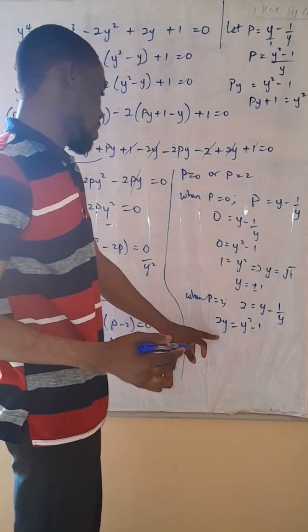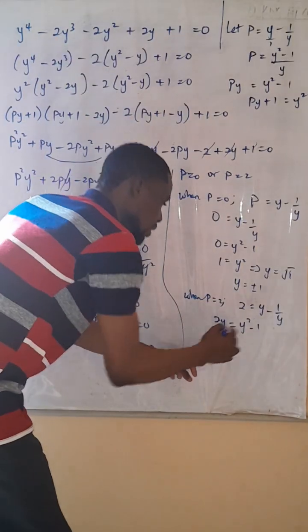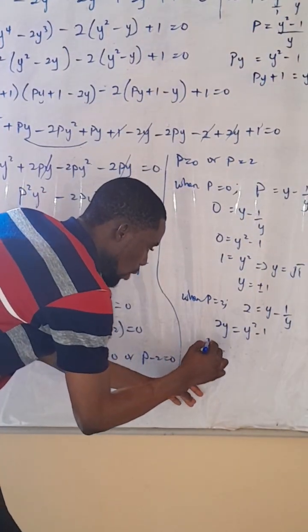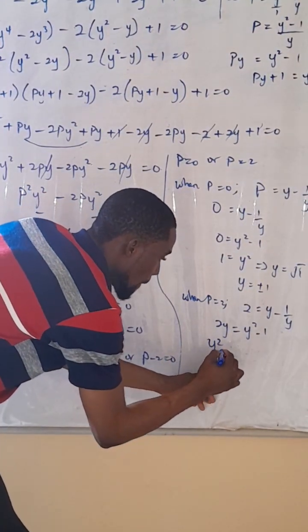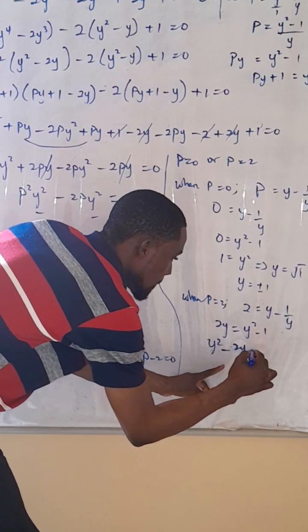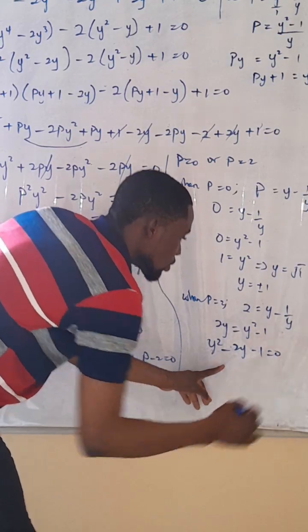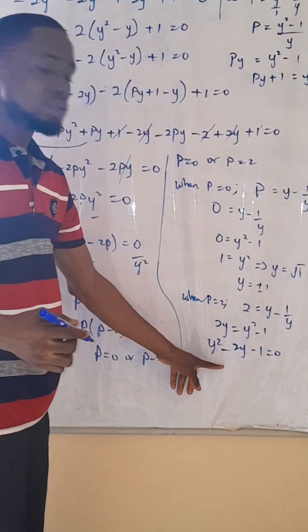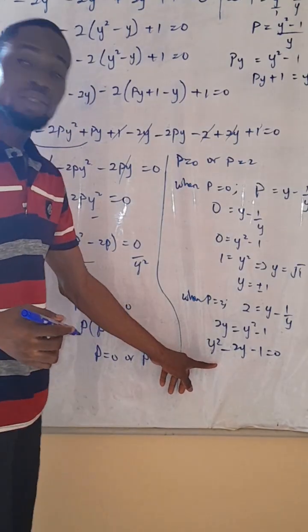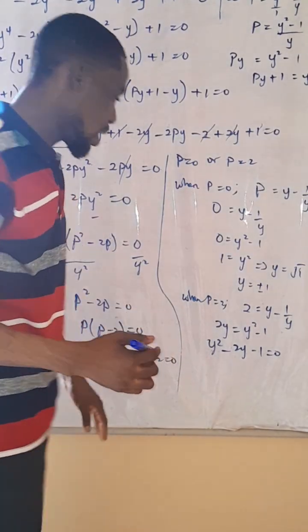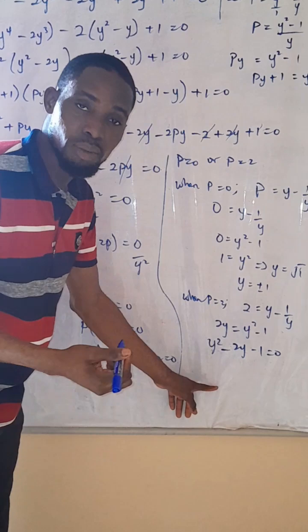So at this point, what do I have? Bring this to the right. I have y squared minus 2y minus 1 equals to 0. Now, we solve this with completing the square method or formula method.